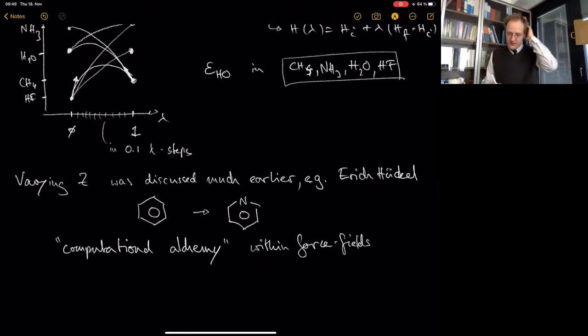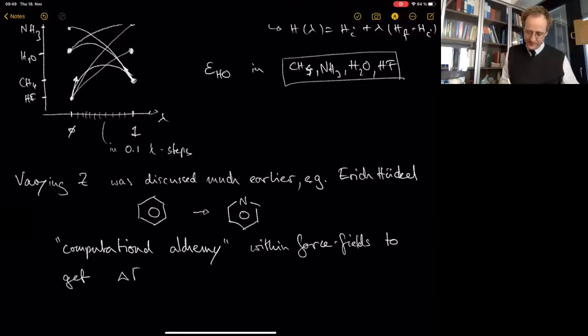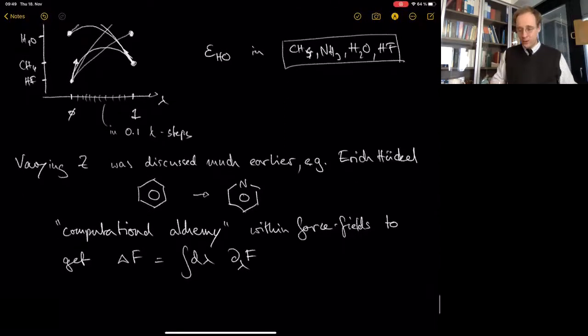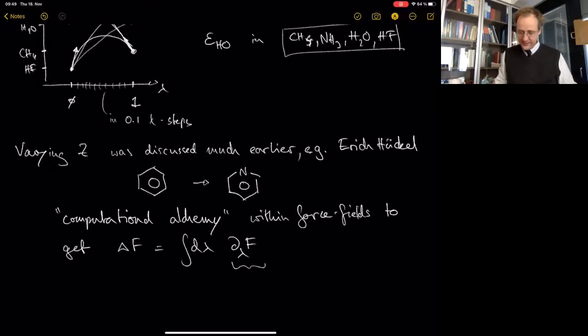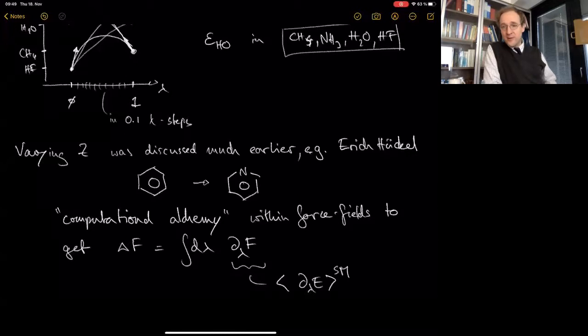And what you then get, to get free energy differences, is by using numerical integration to calculate changes like this, where you would get this free energy integral by sampling, and now this is an ensemble average, by sampling derivatives of your potential energy with respect to this lambda in your force field.